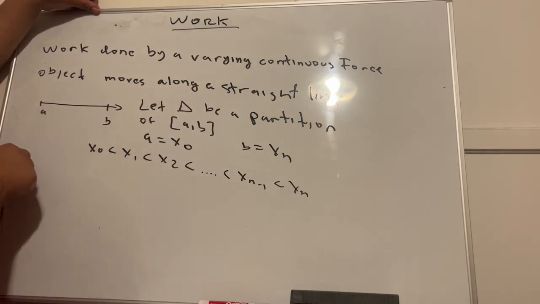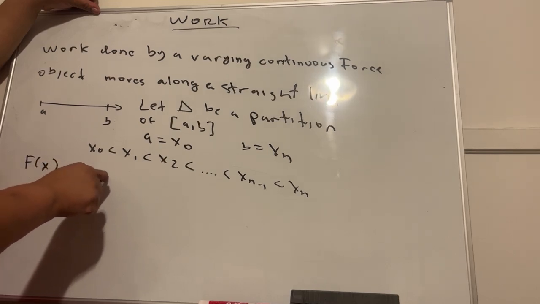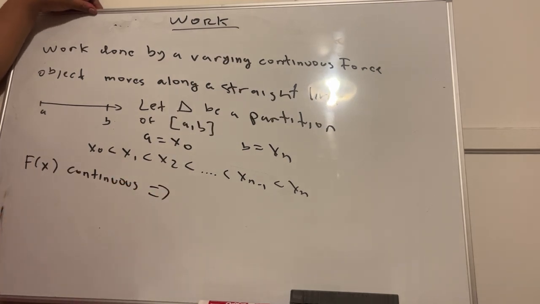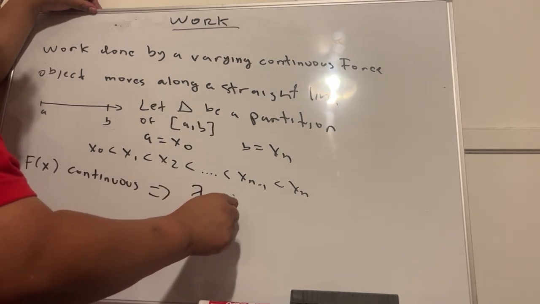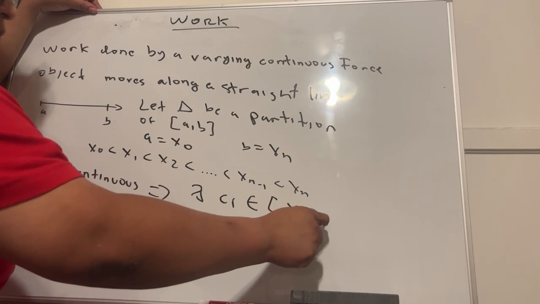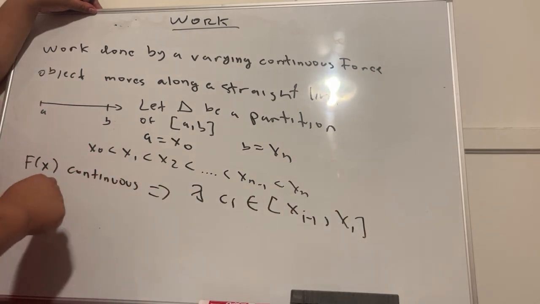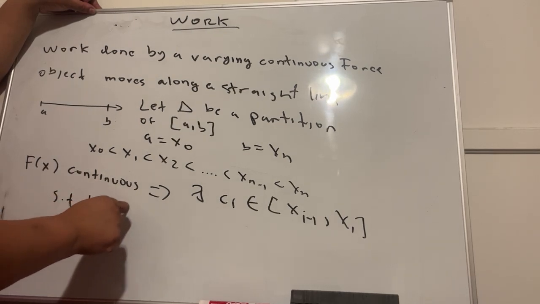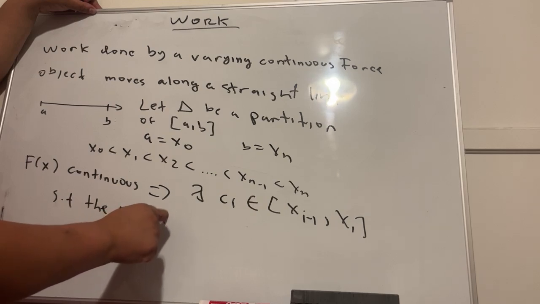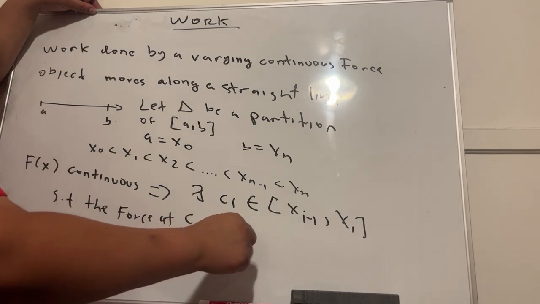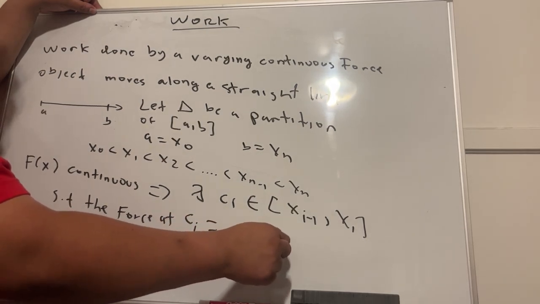Because f of x is continuous, that implies that there exists a ci that belongs to [xi minus 1, xi] such that the force at ci is equal to f of ci.